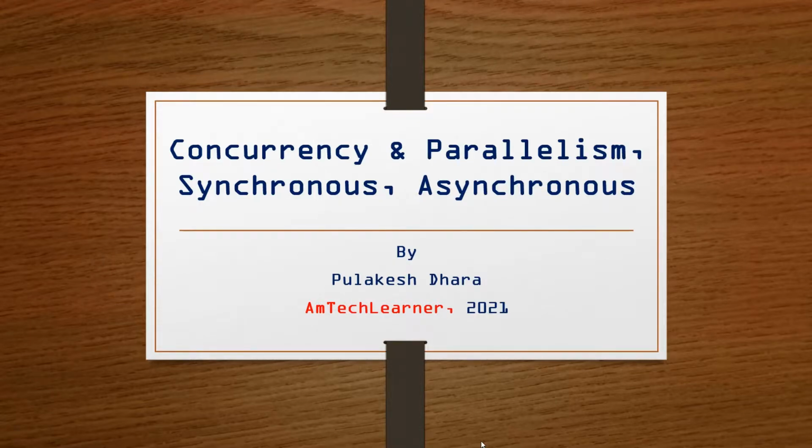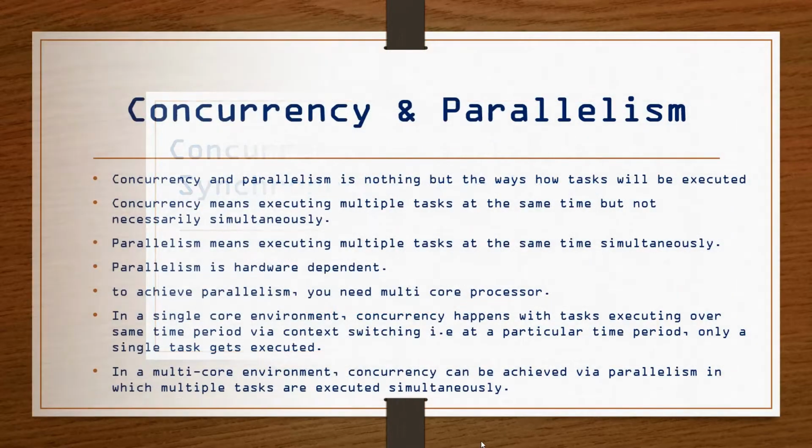Okay, so let's start. Let's talk about concurrency and parallelism first. So what do concurrency and parallelism mean? Concurrency and parallelism are the way tasks are executed. On the other hand, you can think of the synchronous and asynchronous concept.